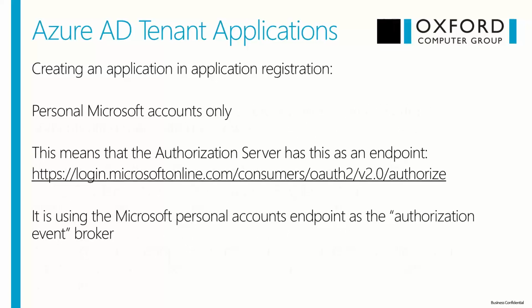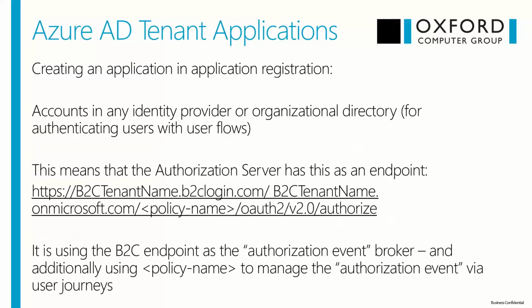And finally, we have a B2C Tenant Authorization Server. You can see this is a little bit different because it's got a policy name in it. So when you're using this, a B2C environment uses as its authorization server an additional component of the policy.